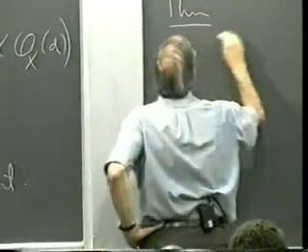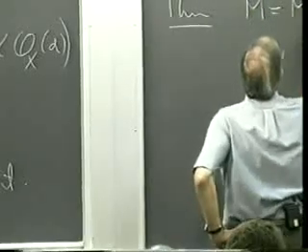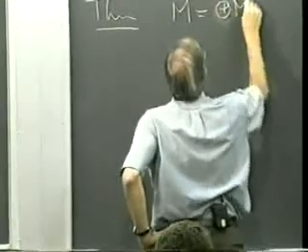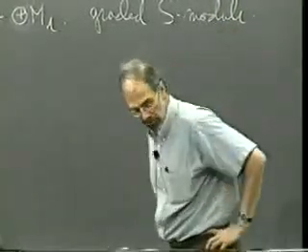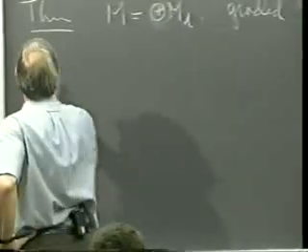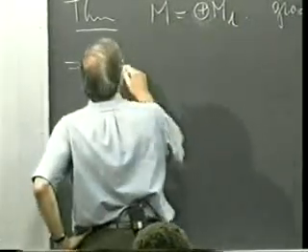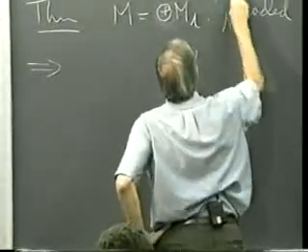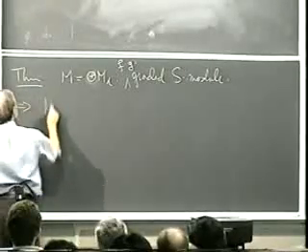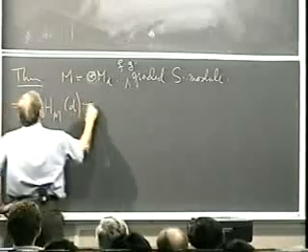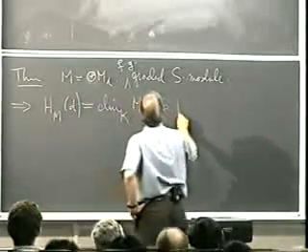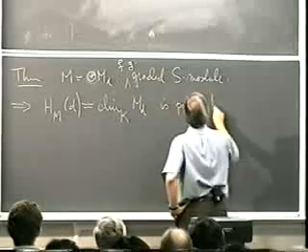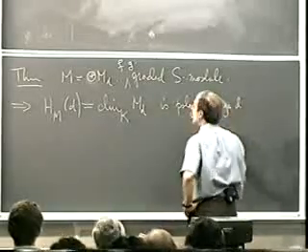So theorem: M, let's say it's a direct sum of M_d, a graded module. I'll stick with this notation forever. Then if M is finitely generated, then the Hilbert function h_M(d), that's by definition the dimension over the field of M_d, is polynomial for large d.